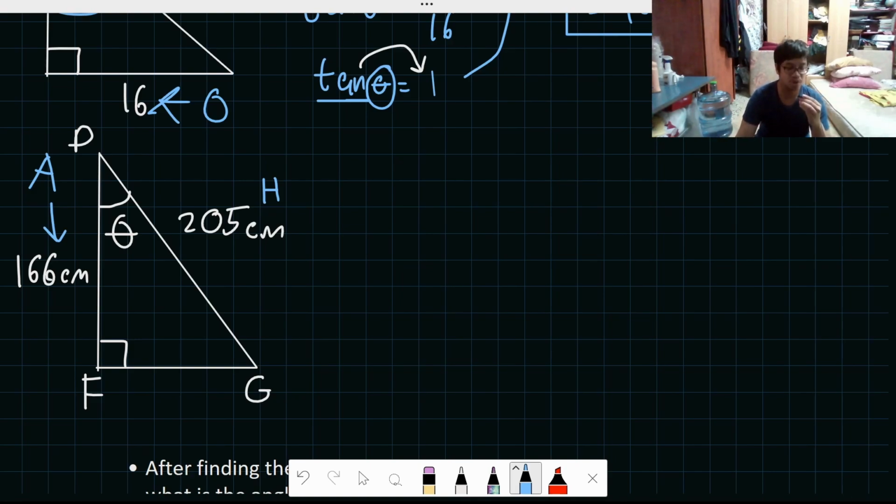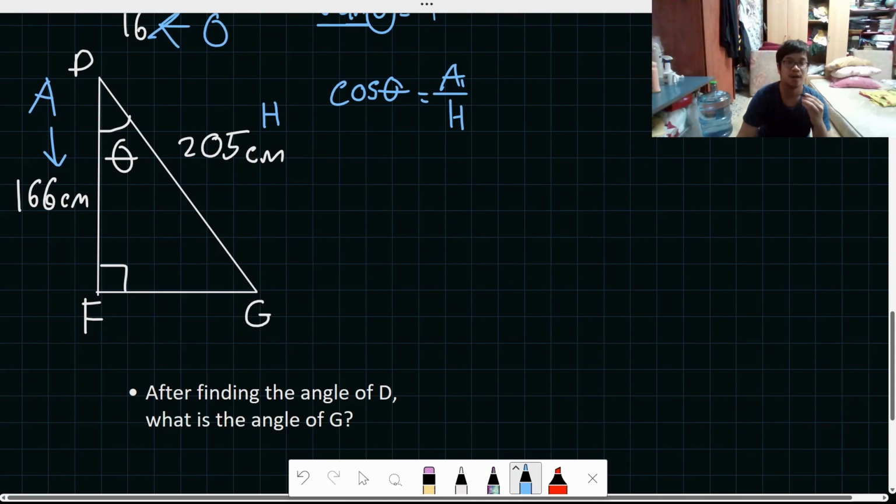So we can use cosine theta, all right? Because remember that cosine theta is equivalent to adjacent all over hypotenuse. Now, we can actually substitute here.